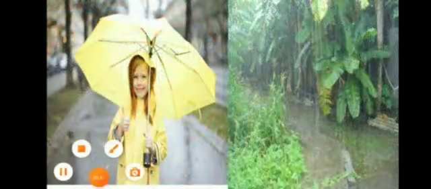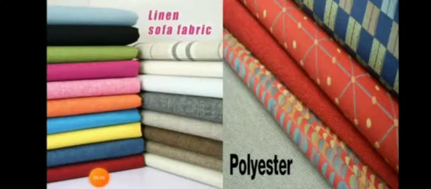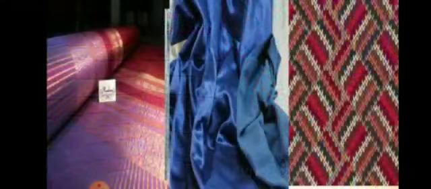Now we see some of the fabrics, like you are seeing here linen, which is used for sofa, and here you can see polyester, and it is a silk fabric, cotton fabric, and woolen fabric.